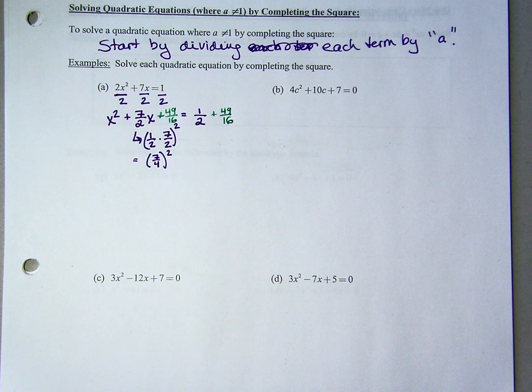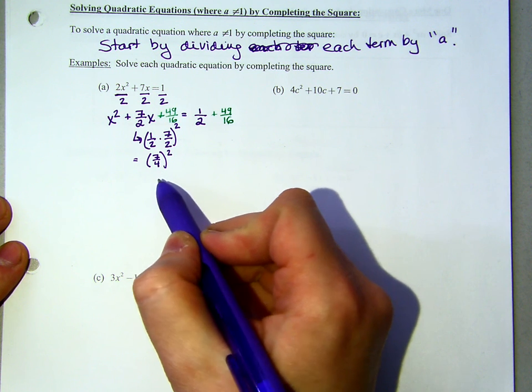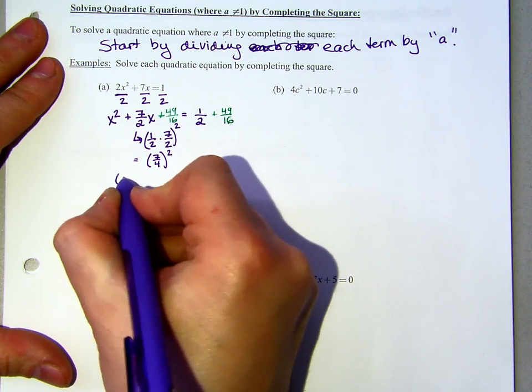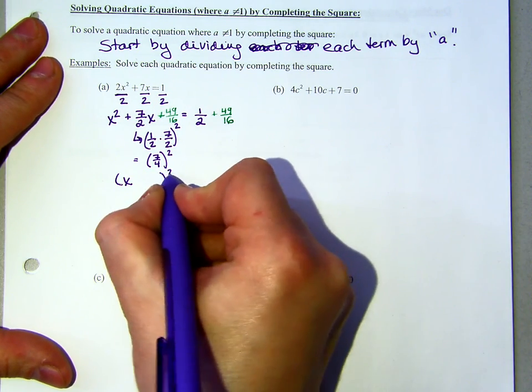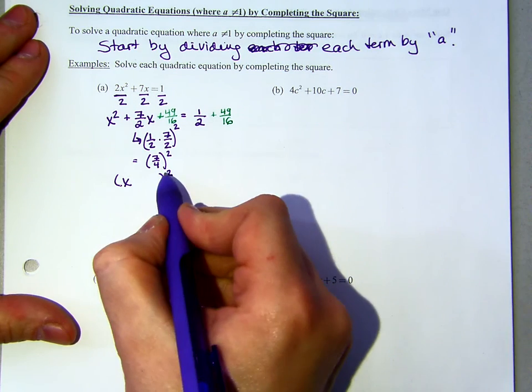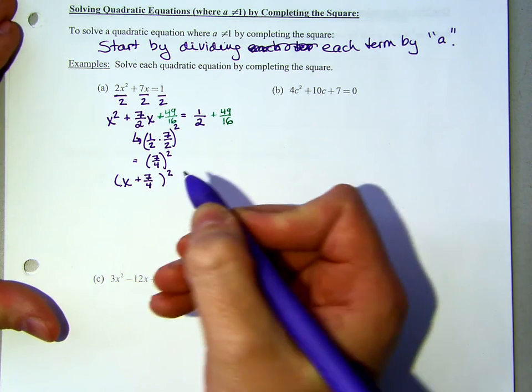What does that say underneath? 7/4 squared. That's just my work to figure out what I'm going to add to both sides. The factoring is not going to be bad. It's going to get factored into x and then half the middle term before I did any squaring, just that 7/4. I'm going to say x plus 7/4 in parentheses squared.